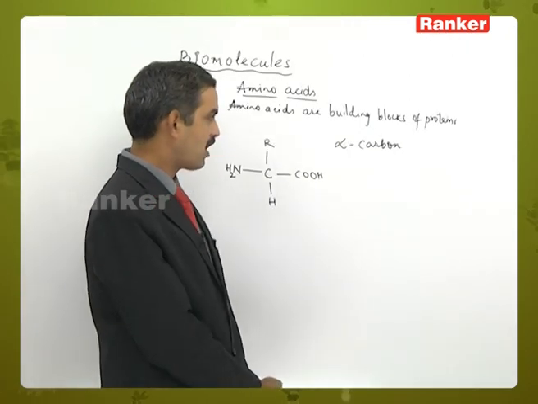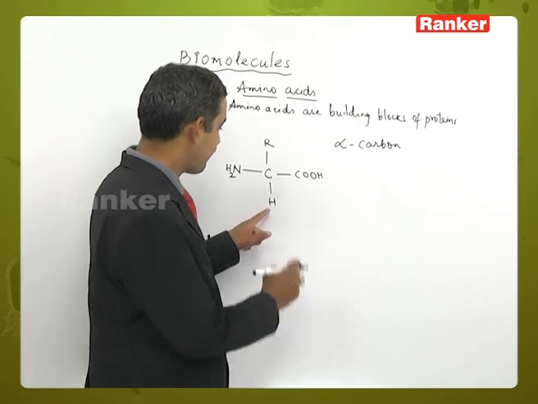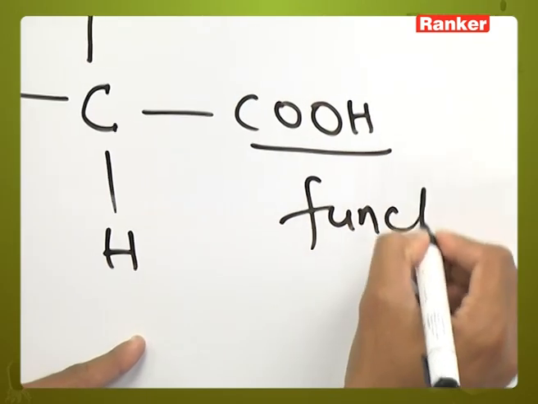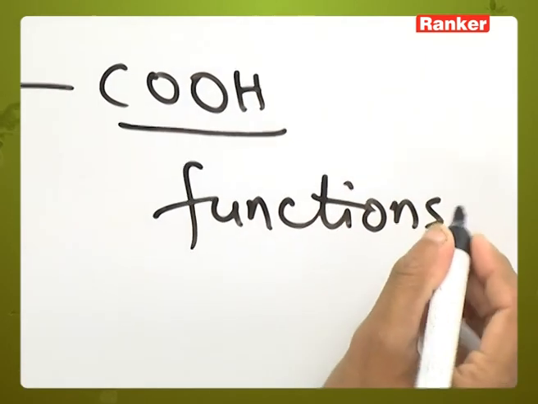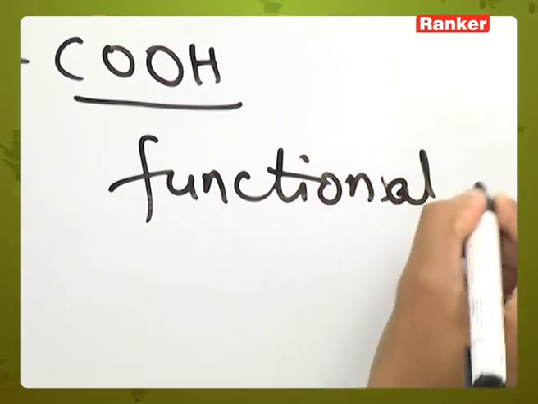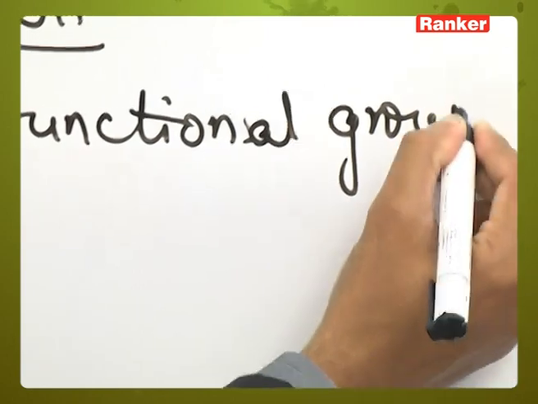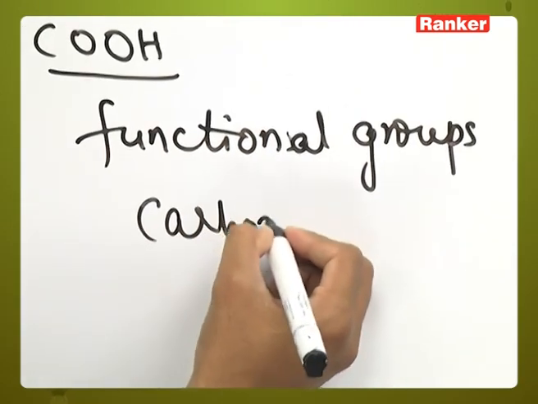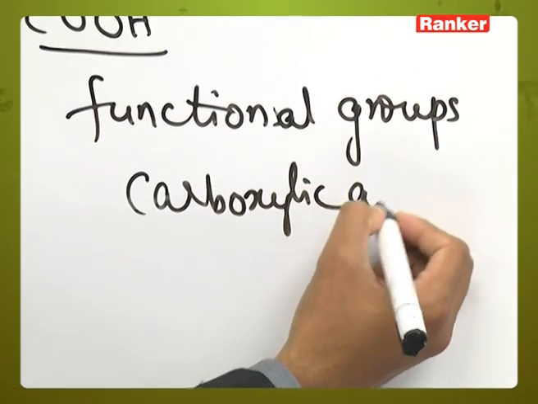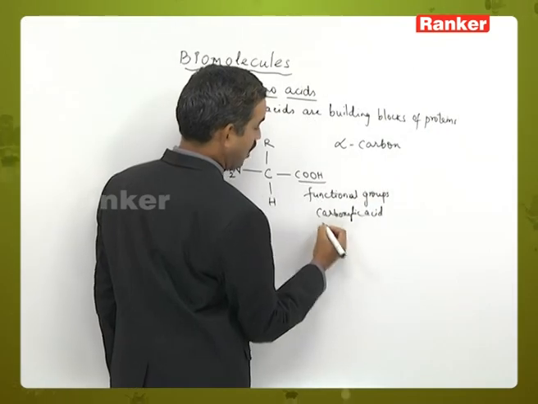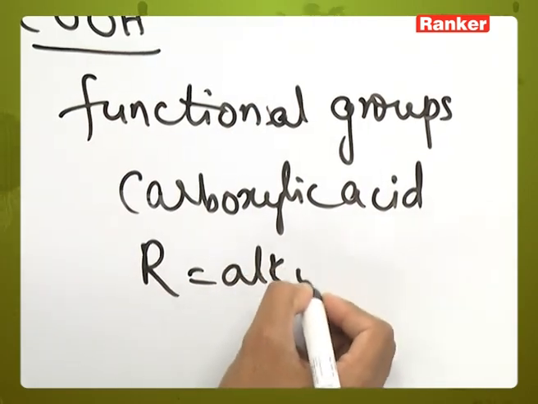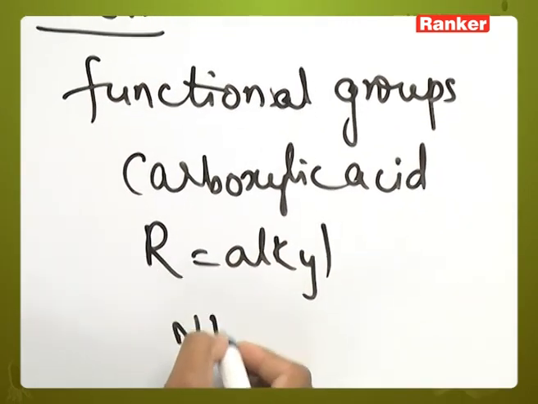On that we can see one hydrogen. So the total number of functional groups which are present here is 3: one is carboxylic acid, the alkyl group, R means alkyl group, and NH2, that is the amide group.